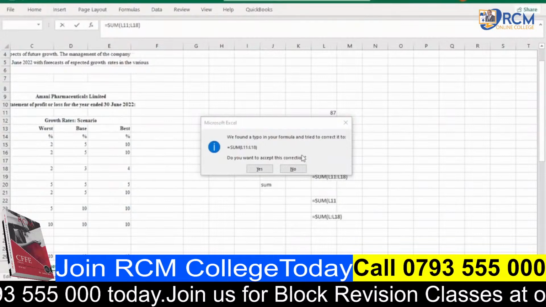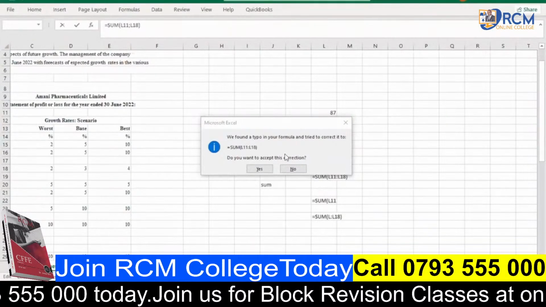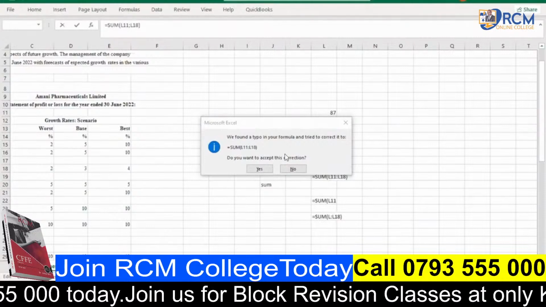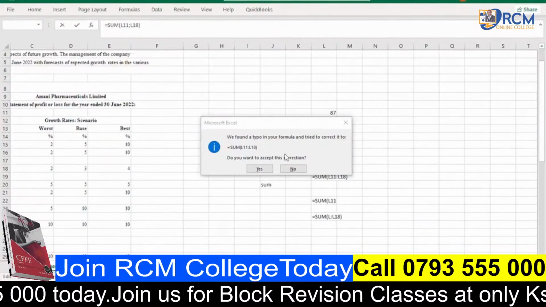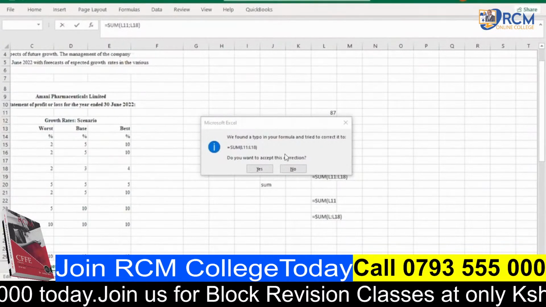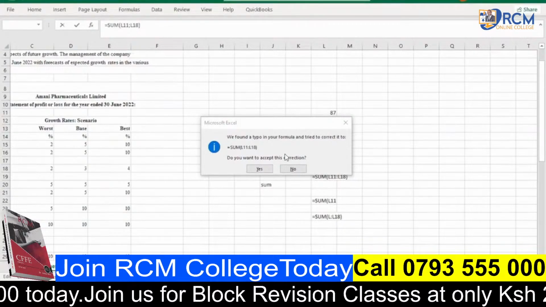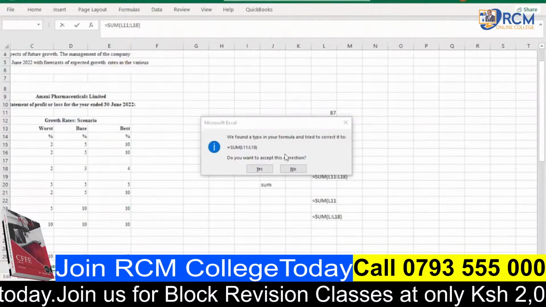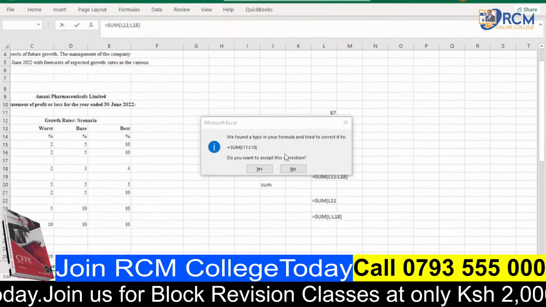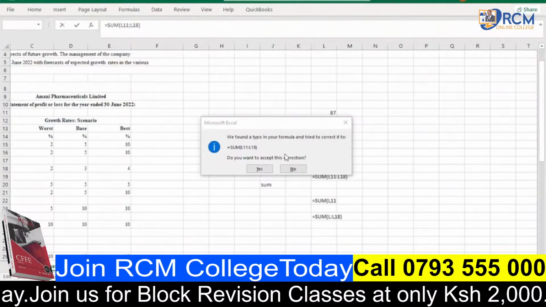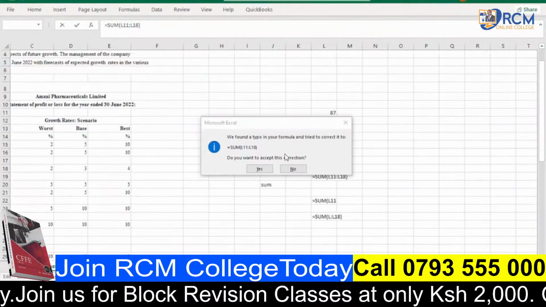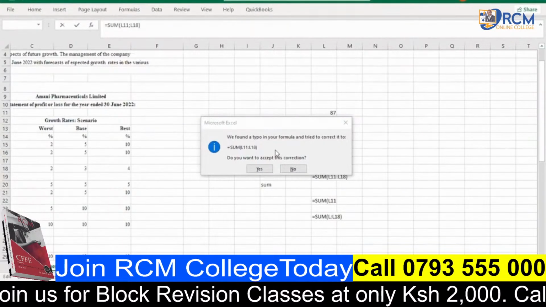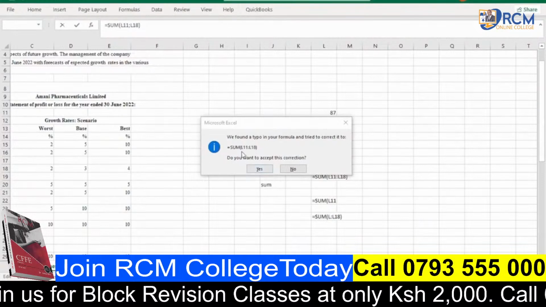Just see the suggested correct. Yes, so that is what is required there, the correct one.